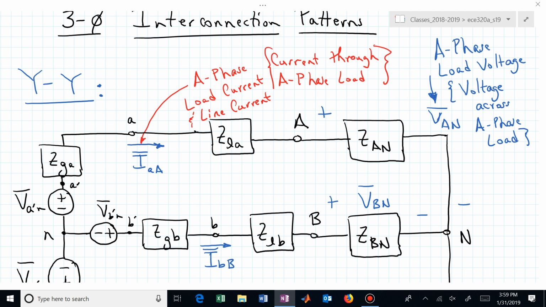And if you wanted to find the complex power in the A phase, do you see what you could do? If you knew what V sub AN was, and you knew I sub A, little a, big A, you could just compute V I star with that voltage and that current. That would tell you the complex power of that particular A phase in this interconnected system. That's the YY.